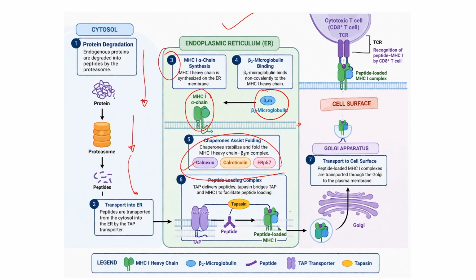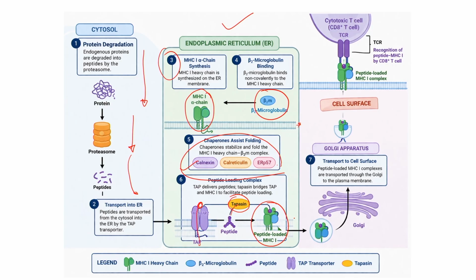So the MHC1 molecule is getting its proper shape with the help of these molecular chaperones, and once it has taken proper shape, the TAP protein, the transporter of antigenic peptides, comes into the picture. Then tapasin is another assistant present here that helps to load the peptide from TAP onto the MHC1 molecule.